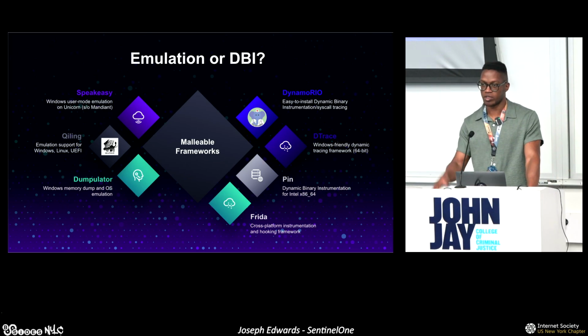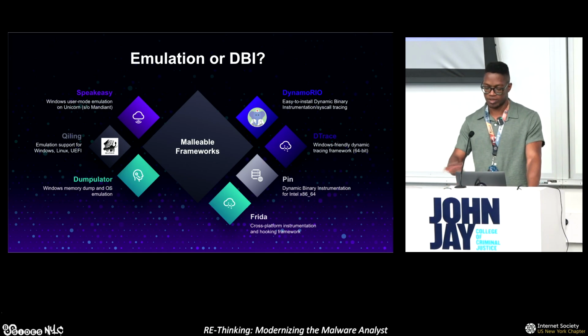They just have a setup installer. One caveat that I will mention is that it will constantly ask you for symbols. It will want to reach out to the internet to download symbols so that it can properly trace the executables, and that's a bit annoying. So I would say try to get your own symbols before you start running malware, because it'll ask you to connect to the internet.